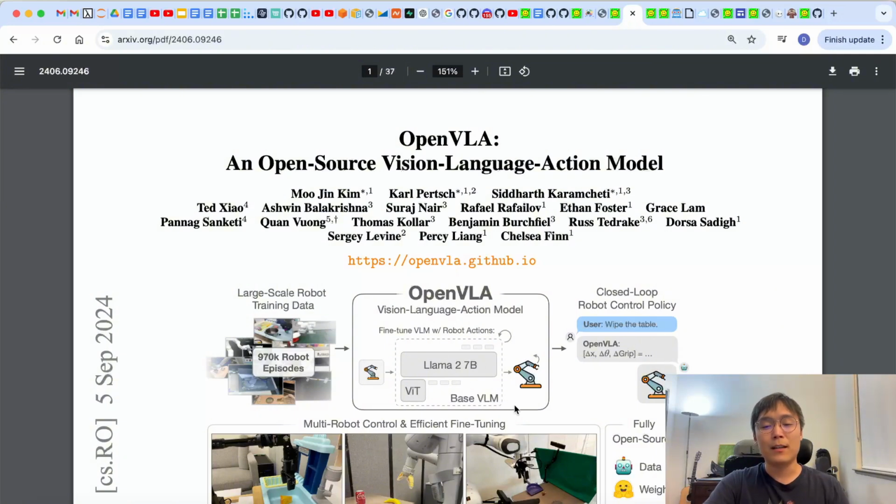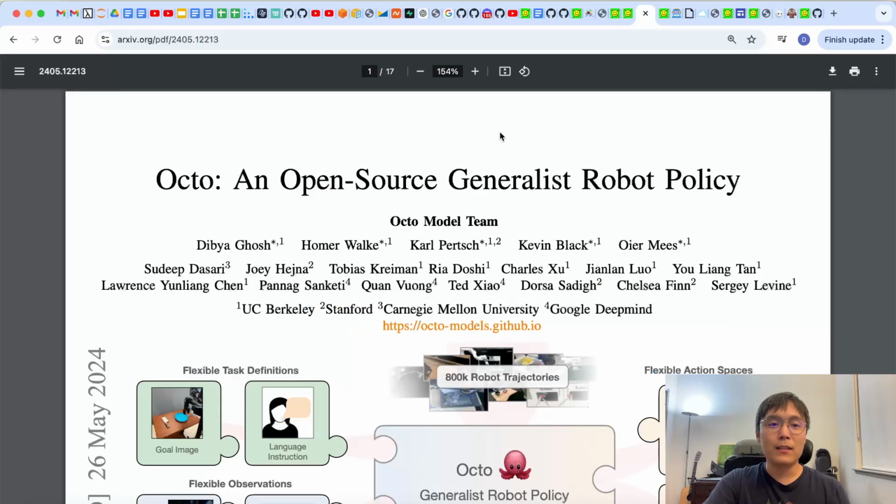So it's basically a vision language model, and then you output action. So it's a vision language action model. Something like this, or Octo, or I believe there are more papers working on this. So this one is more of a generalist approach.